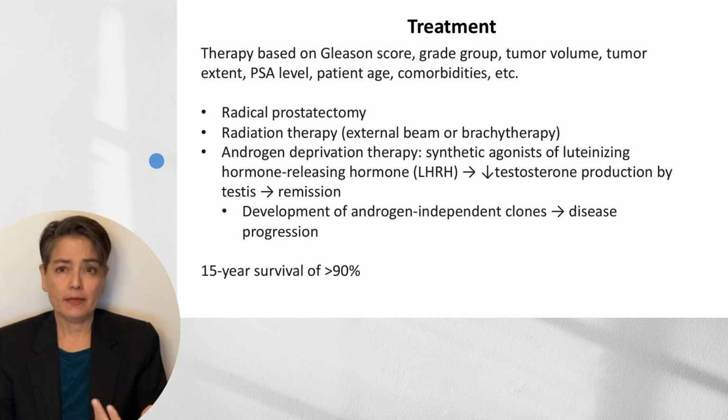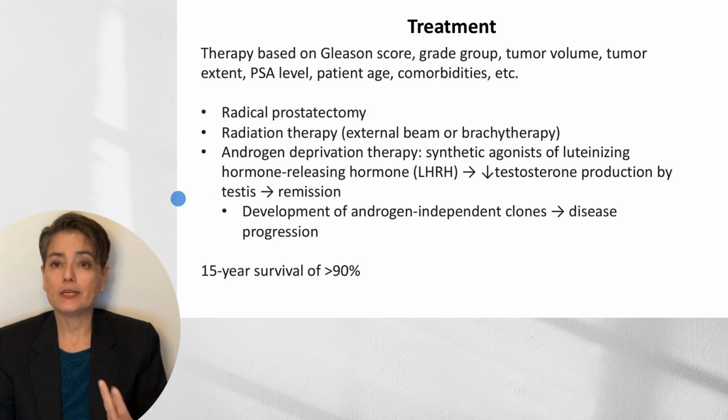Many decades ago, a male with prostate cancer would be given an option of a bilateral orchiectomy to remove testosterone. We don't do that nowadays. We would use a medical therapy, a synthetic agonist of luteinizing hormone-releasing hormone, LHRH, which will cause a decrease in testosterone production by the testis.